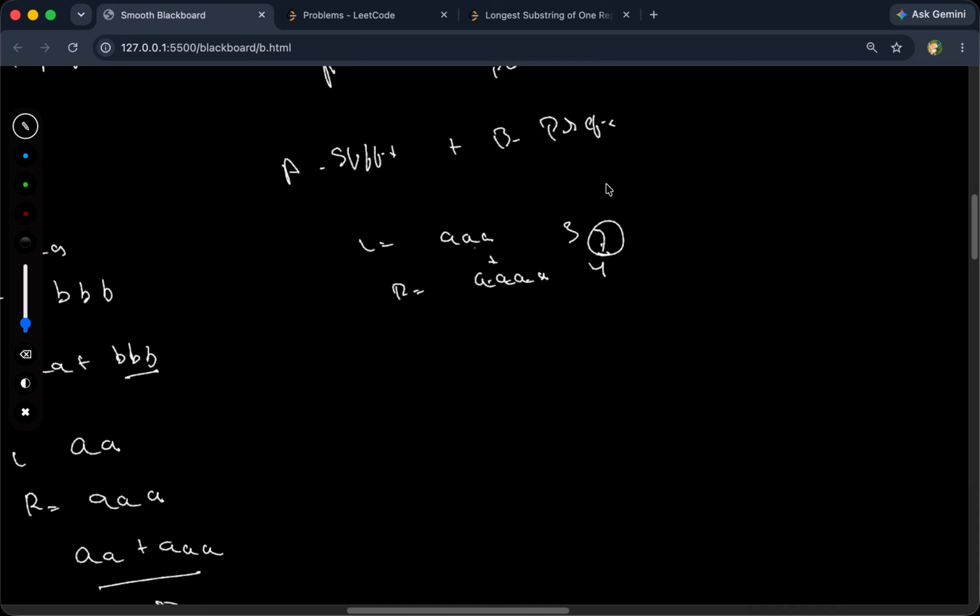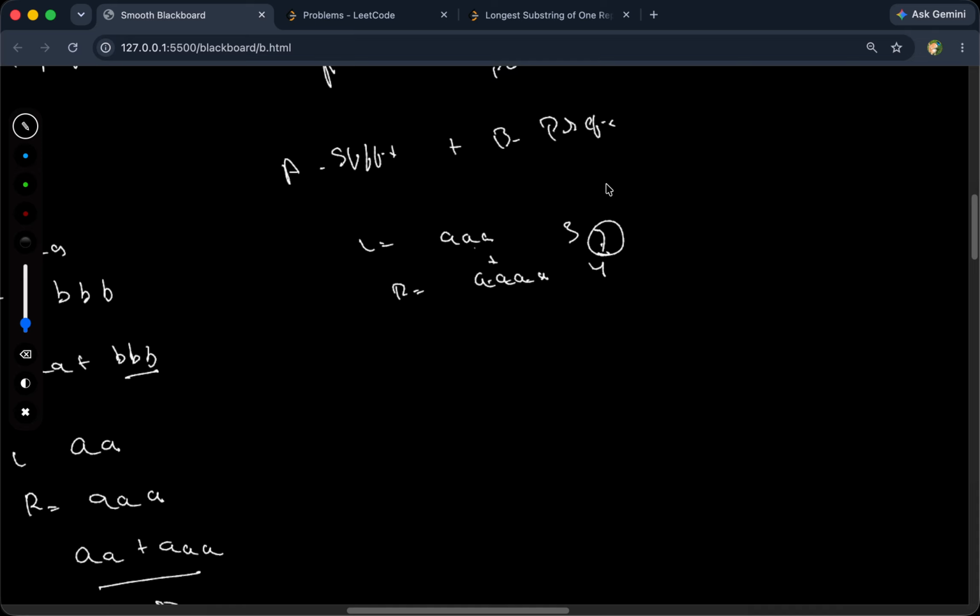Structure node: char left character, char right character, int prefix, int suffix and int best. Okay, so it was clear.